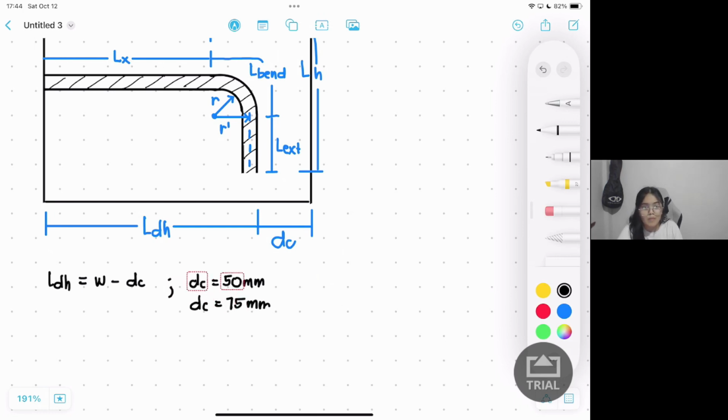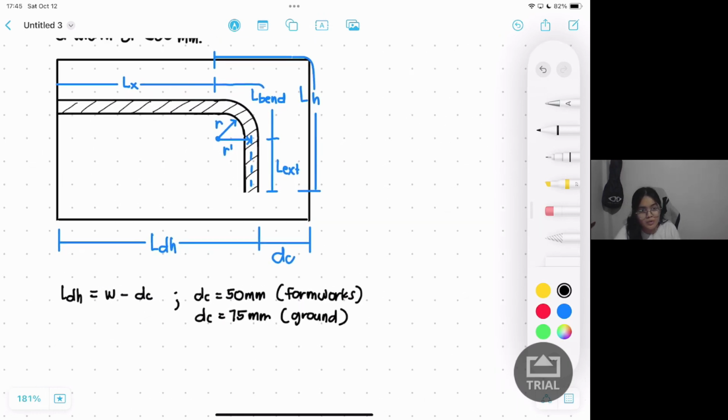For 50 mm, yan yung mga concrete na poured directly onto formworks. And then, si 75 mm naman, ginagamit when poured directly to the ground. And for this problem, obvious naman na dapat yung 50 mm yung gamitin natin. Okay? Kasi pag nagbubuhos ka ng column, syempre for sure, meron kayong formworks.